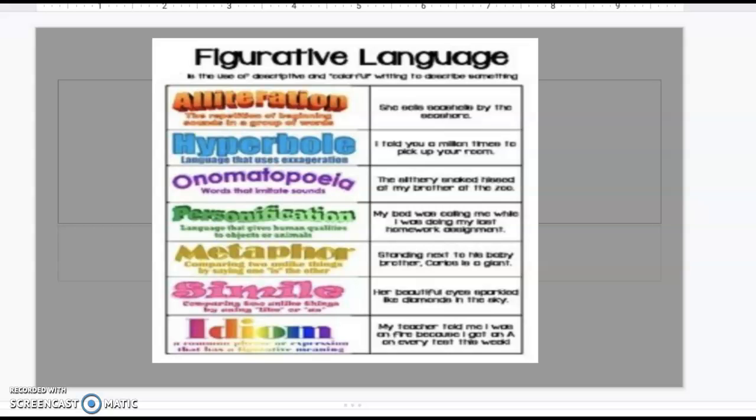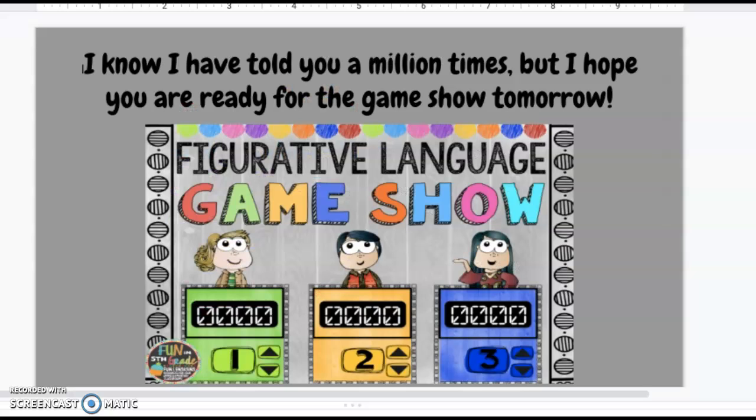Alliterations, hyperboles, onomatopoeia, personification, metaphors, similes, idioms. There are more types of figurative language, but those are the ones that we're going to focus on today and use in, you guessed it, the game show tomorrow. I hope you are ready.